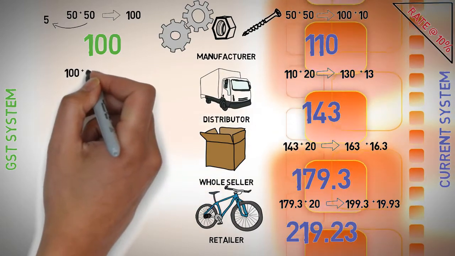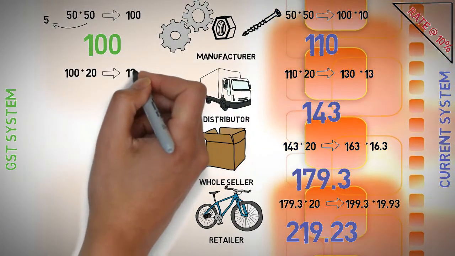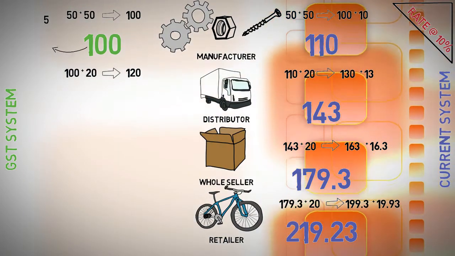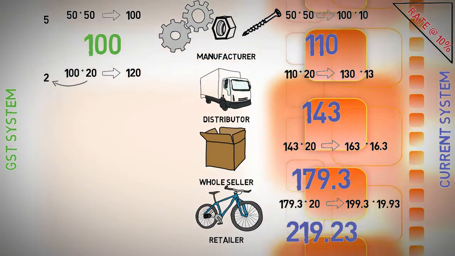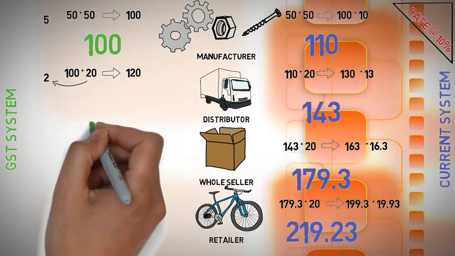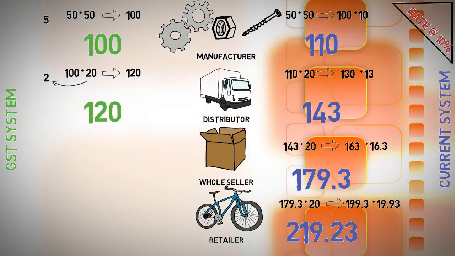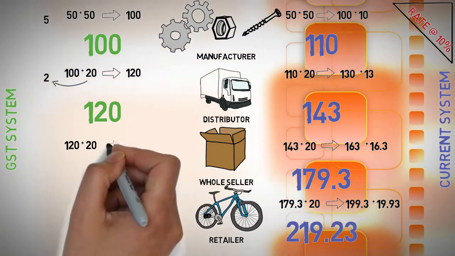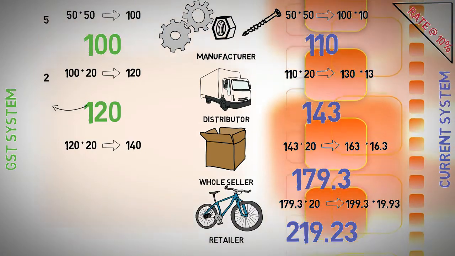Then the distributor adds 20 rupees profit and the product becomes 100 plus 20, which is 120 rupees. He pays the tax of rupees 2 on his profit of 20 rupees. The wholesaler buys the product for 120 rupees and follows the same pattern, adding 20 rupees profit, and the price will become 140, and pays the tax of rupees 2 on his profit.